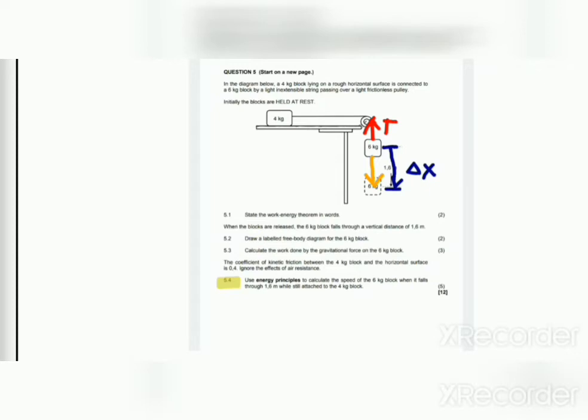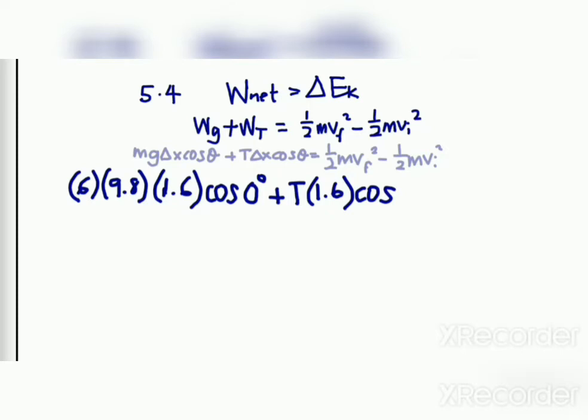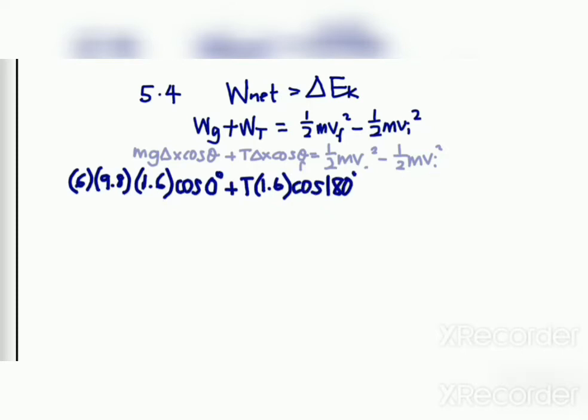So we've got that angle there of 180 degrees. So cos 180 degrees. And that is equal to a half, mass again is 6, Vf squared minus a half 6. And we said initial velocity is 0.